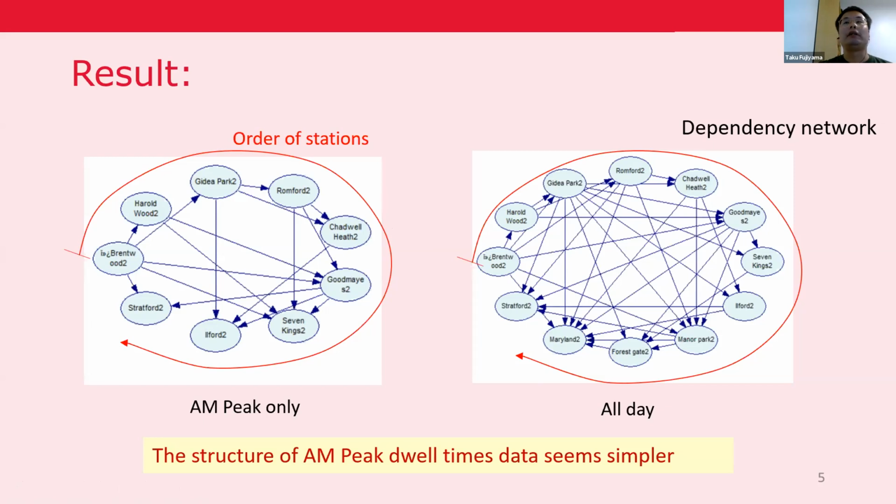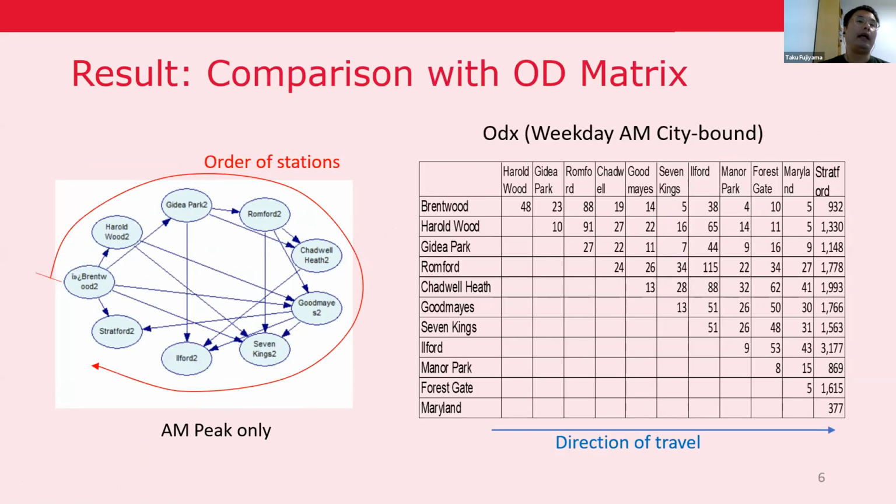But interestingly, if you compare the M peak structure with the origin demand matrix, you can see quite interesting things. As I said, Stratford is an alighting station, and trains pick up passengers from the upstream stations before Stratford.